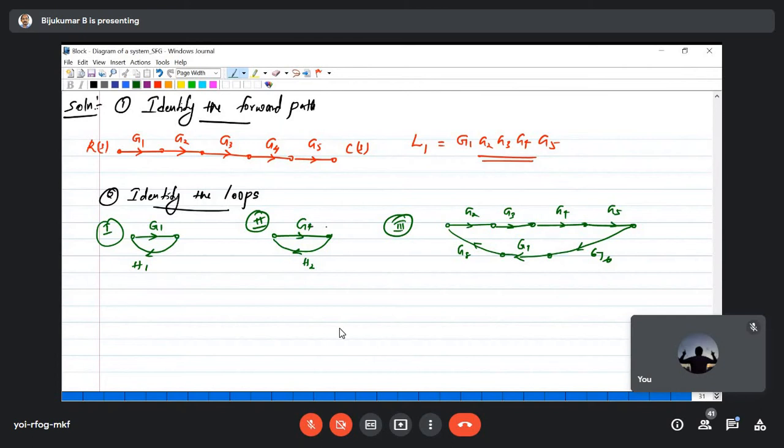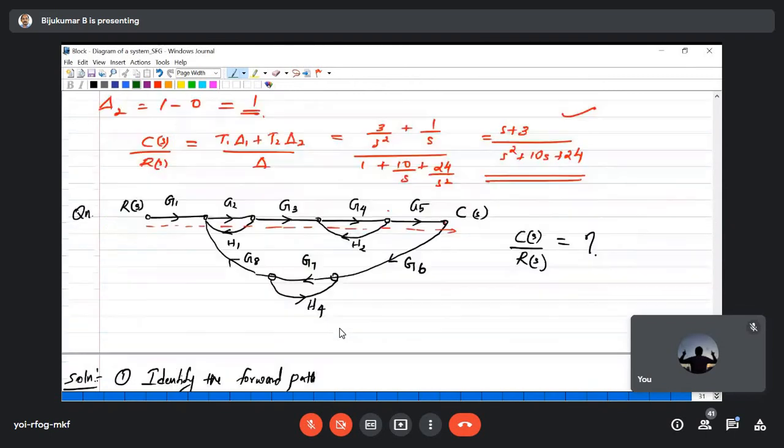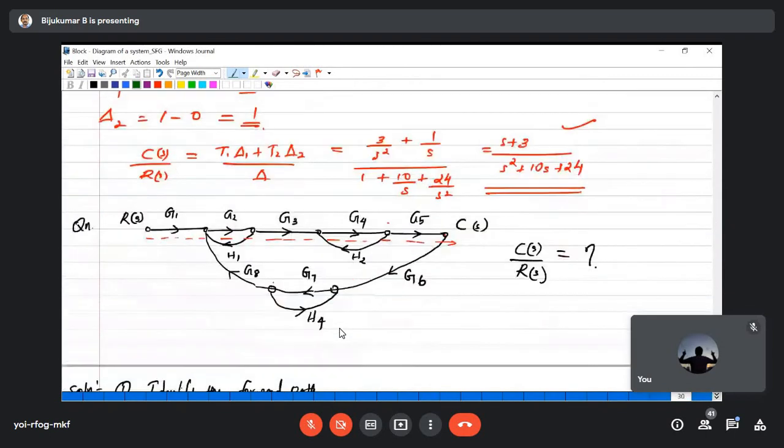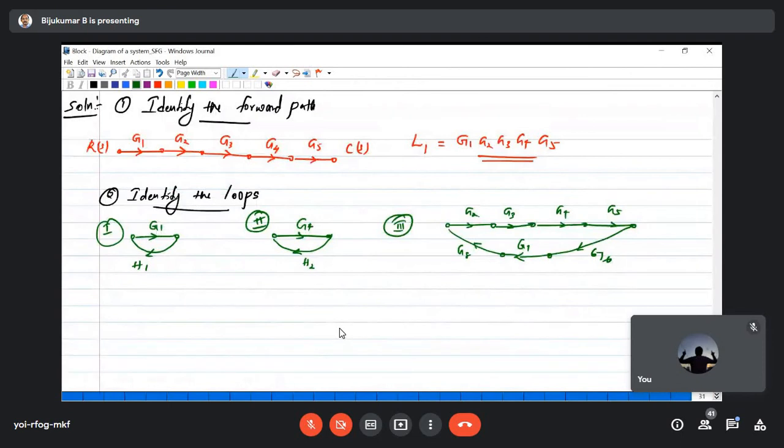Any other loop exists? If you start from this node and travel like this, we can come back. So that is also a loop, the fourth loop. It can be drawn like this: G7, this is H4. We have identified the four loops.